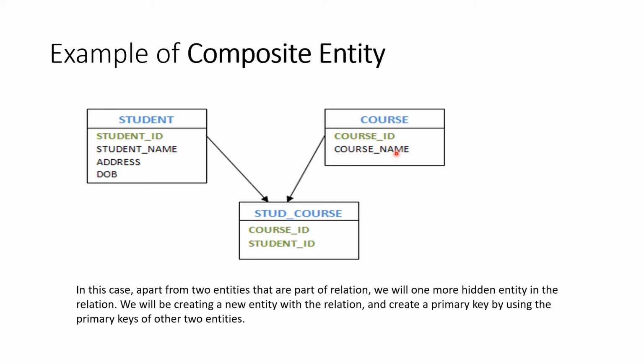Now, we should have some kind of relationship between student and course. So, we have student course as the relationship. Here we have student course, and these two things are derived from student ID and course ID. So, these two are combined to form this table, and now when we have these two values in a table, then we can easily relate these two tables.